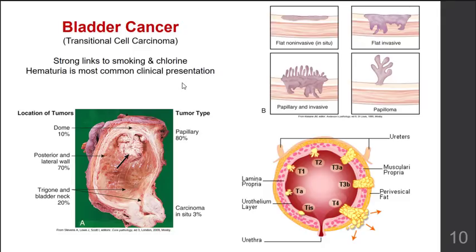And then the person's clinical history is important as well, because there is a strong link to smoking. When we smoke, the carcinogens end up in the bloodstream and move through the kidney and then can sit in the bladder and end up promoting the development of cancer. Chlorine as well, which is found in water used to purify it, is also a carcinogen for transitional cells.